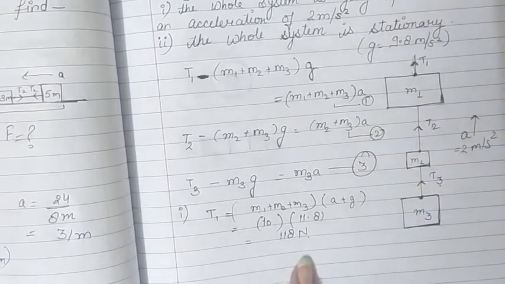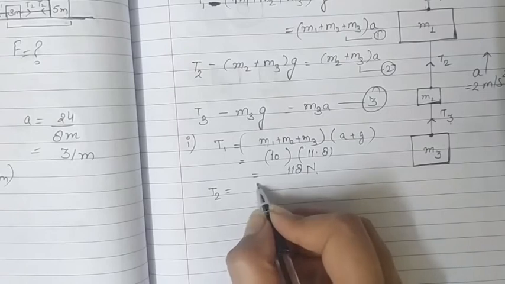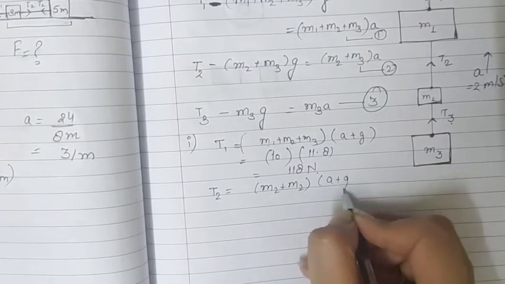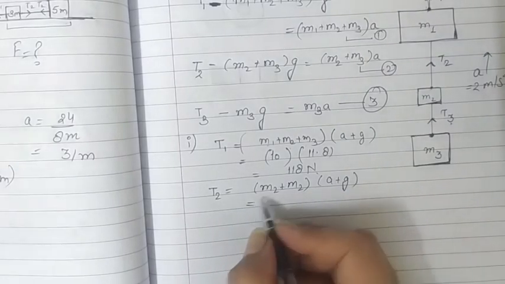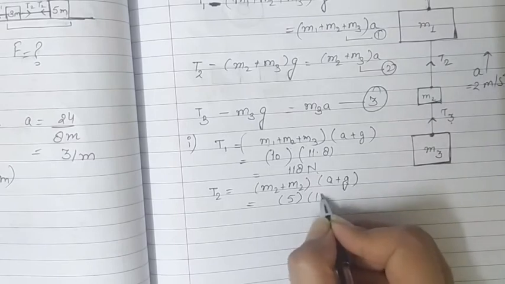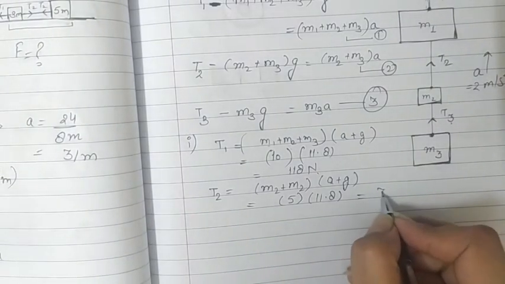This is for T1. Now for T2, we have (m2 + m3) into (a + g). Again m2 + m3 is 2 + 3, that is 5, and a + g is 2 + 9.8, that means 11.8, and the answer for it will be 59 newtons.